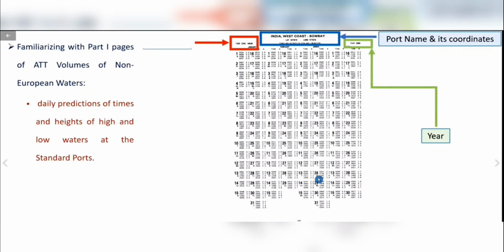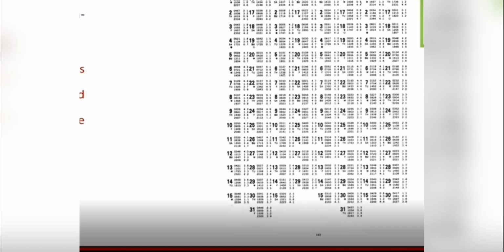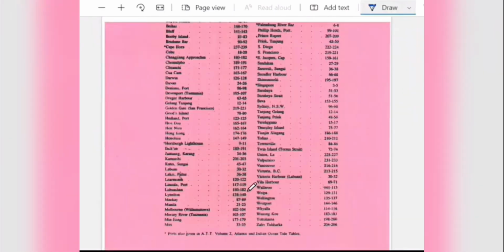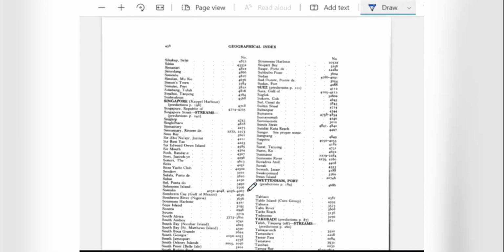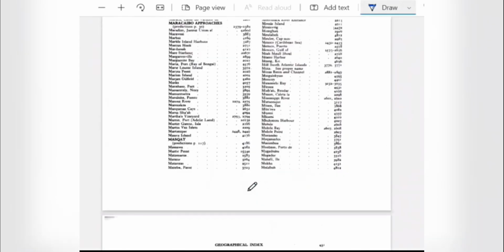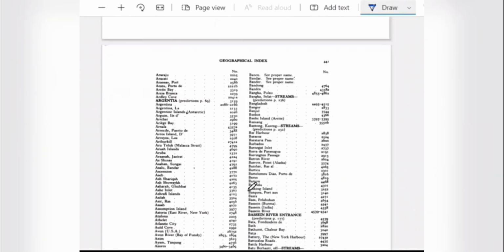153, 153, sir. Very good. So page number 153 and volume 2. Found it, Bombay is in volume 2 only. Yes sir, found it. Sir, Bombay on page 442.